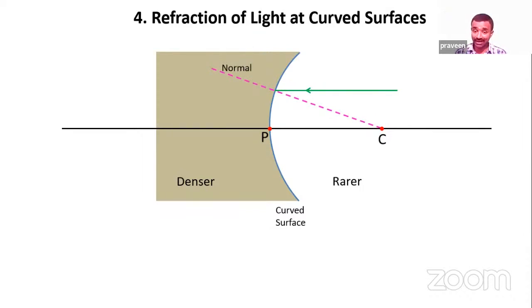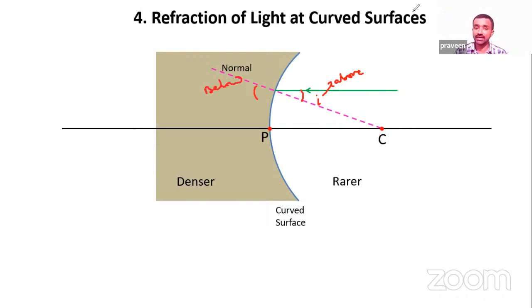Then we get an idea about the angle of incidence here. Now select the angle of refraction on the other side of the normal. It is above the normal, so you select below the normal, the opposite side.